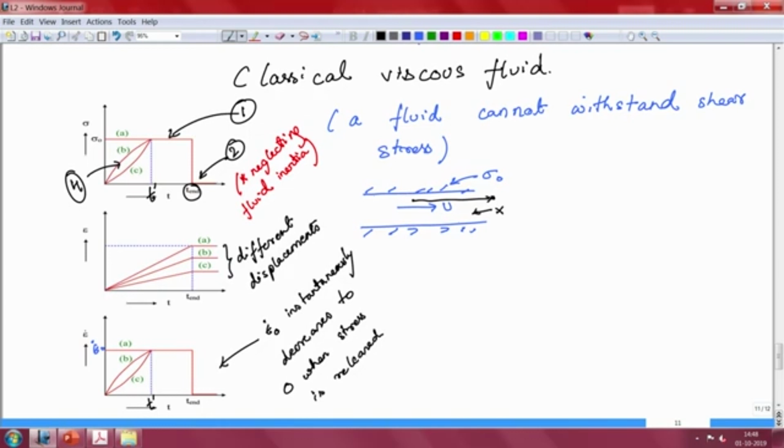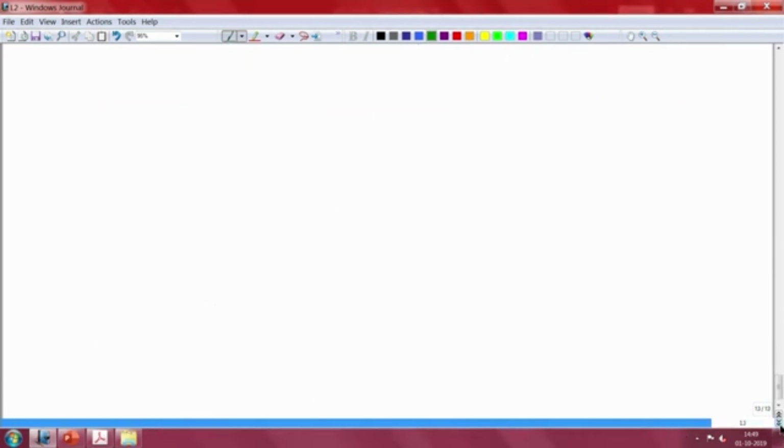sinusoidal oscillations. When it comes to energy dissipated in the system, you now see that there is a very critical difference between the elastic solid and the viscous fluid, and that is that the displacement that you have provided to the system is not recoverable. So, the displacement is not recoverable, then the energy that you put into the system is also not recoverable, right. So, let us write that down. Energy dissipation.